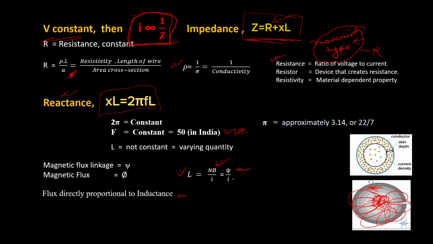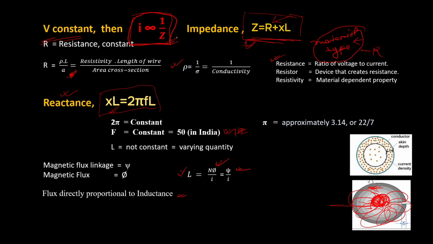Okay, that is why we are saying that when flux is more at the middle part, that means XL is more. Flux is more means impedance is more, because Z is equal to R plus XL.